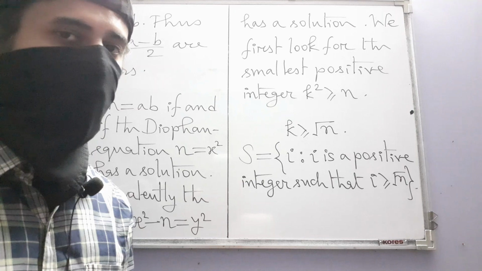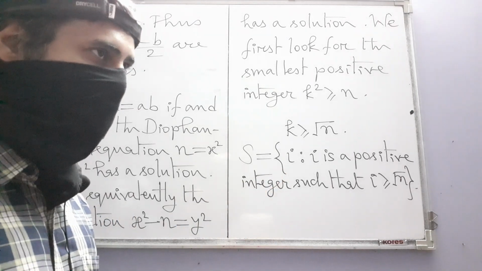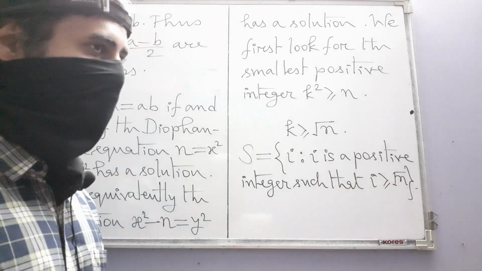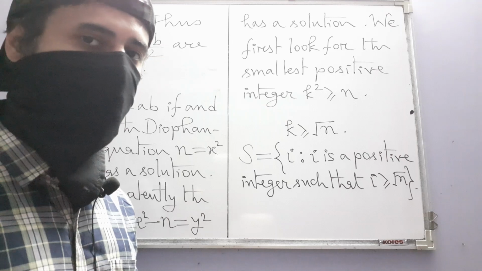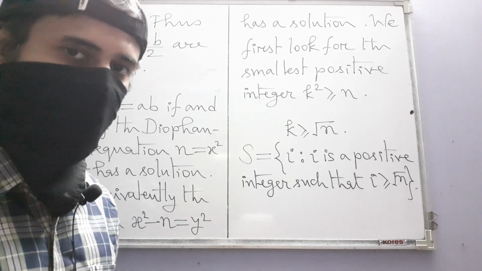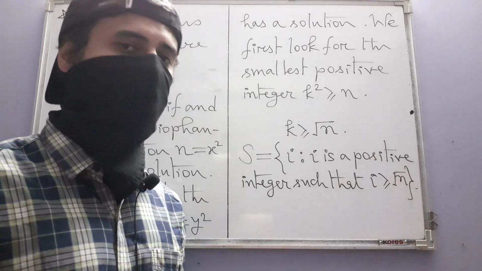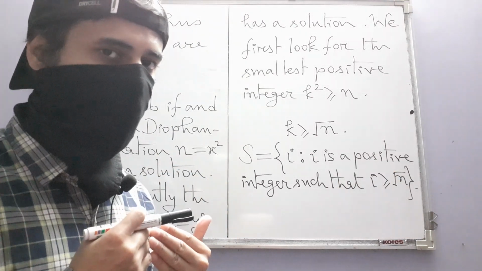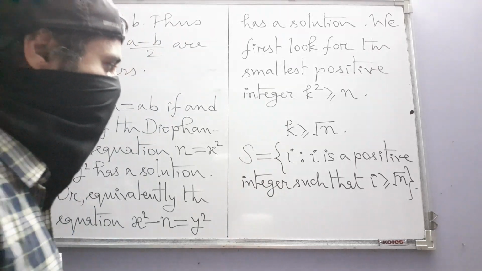Why is this set non-empty? That's because there is no largest positive integer. And in fact, the set of positive integers is unbounded as a subset of the set of real numbers. So any real number you choose, say here square root of n, there is a larger positive integer. And that is why this set is non-empty.